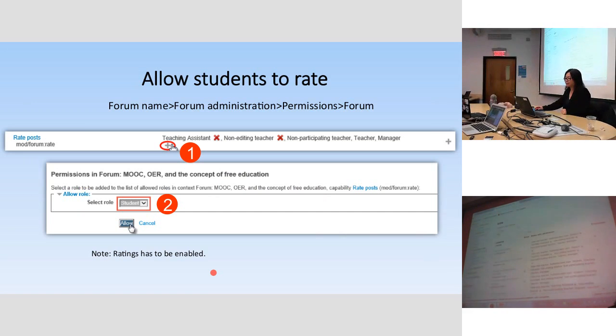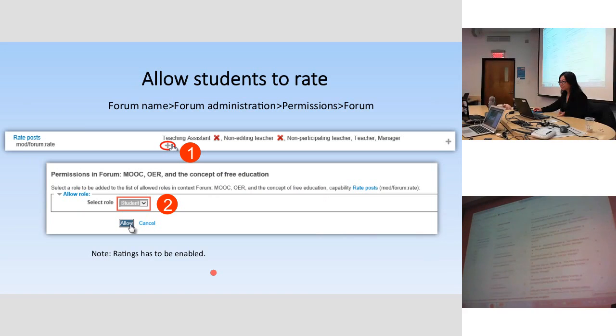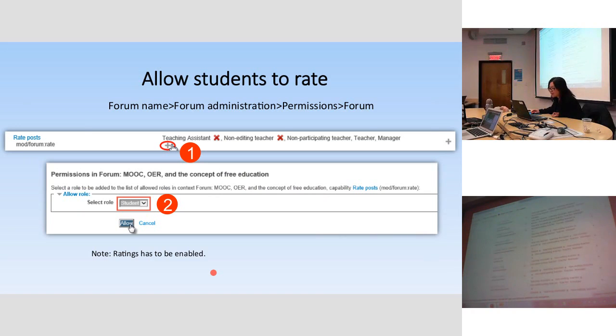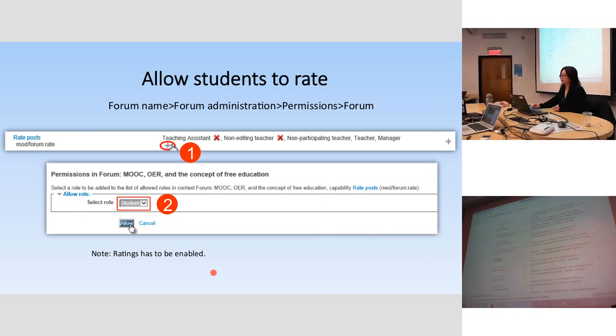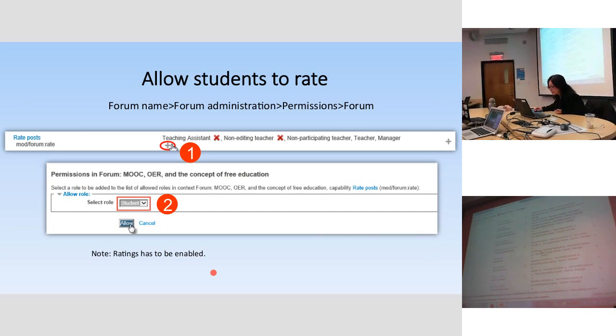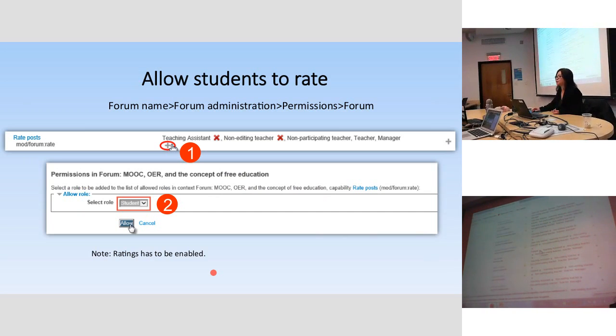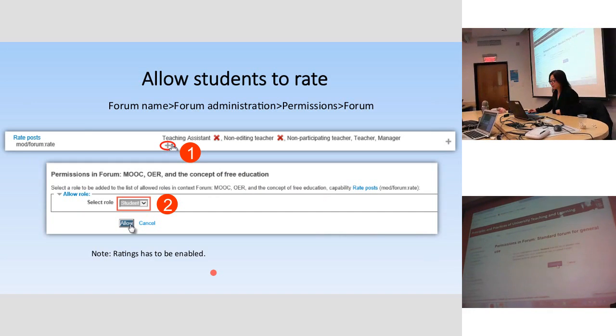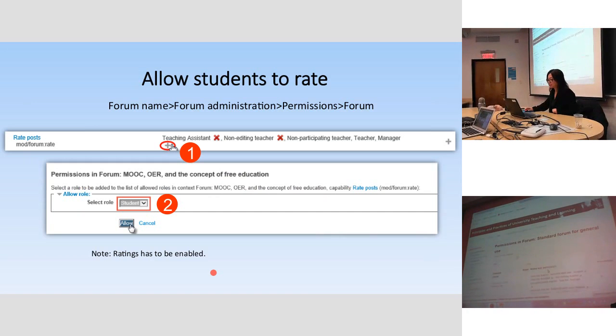But then you find the forum, these are capabilities, and see here, under forum, I try to look for rate. Okay, I find rate posts. And here, student, I already added student, okay? If I don't want student to be able to rate, I remove it, okay? But by default, students are not there.